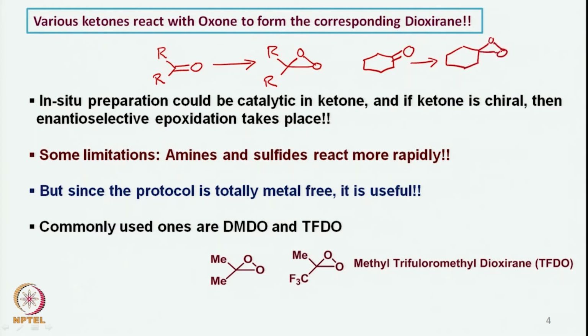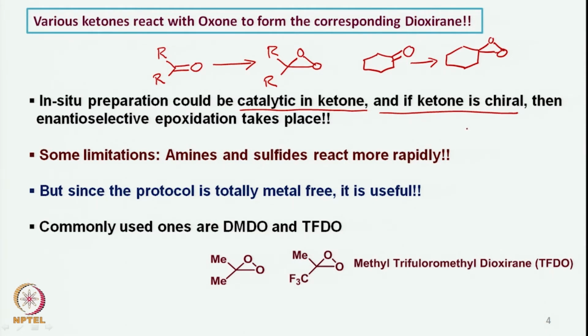The advantage of this is that we can prepare the dioxirane from a chiral ketone. So if the ketone is chiral, that means optically active, then we can use a catalytic amount of ketone and react it with oxone, and then epoxidation is expected to take place because of the chiral ketone.